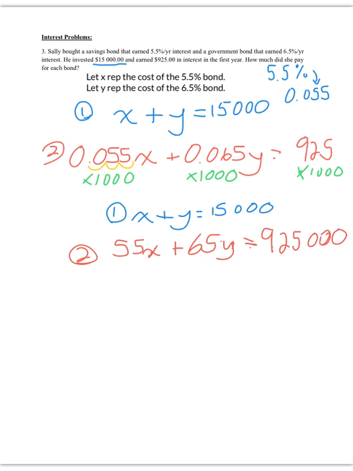So again, we multiplied equation number 2 by 1,000 to get rid of those decimal places. So now the equations are set up. You can go ahead and use substitution or elimination, whatever you prefer.